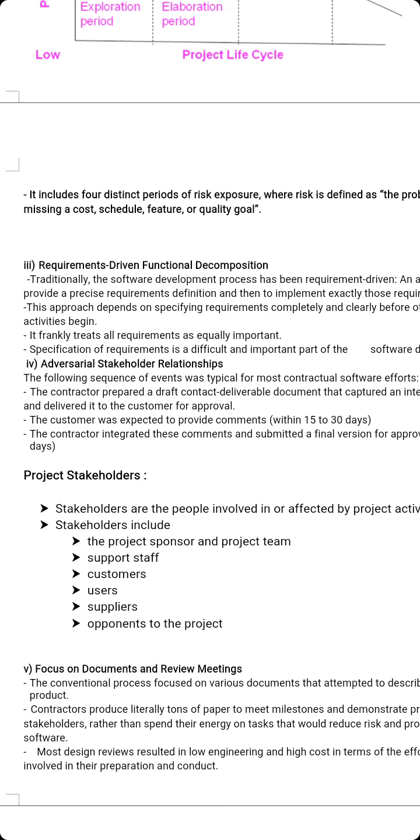So contractors were driven to produce literal tons of paper to meet milestones and demonstrate progress to the stakeholders, rather than spending their energy on tasks that would reduce risk and produce quality software. Here they are wasting their energy on producing papers, writing documents, and meeting their milestones rather than doing the products.